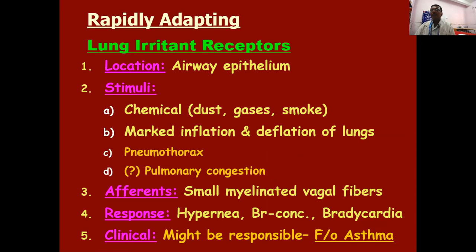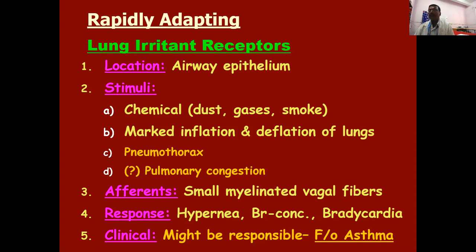Rapidly adapting lung irritant receptors are located in the airway epithelium. These receptors are very fast adapting, and stimuli for these receptors are chemicals, dust, gases, and smoke, and marked inflation and deflation of the lungs, pneumothorax, as well as pulmonary congestion.